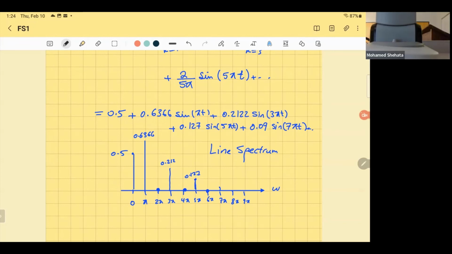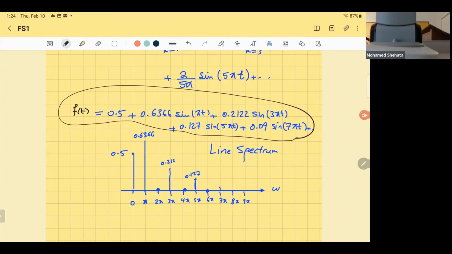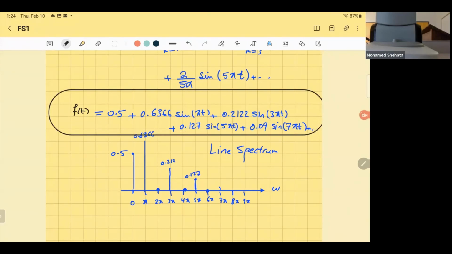So what's phi_1? Here you have f of t, given. This is the fundamental. 0.6366, that's the amplitude. That's it. But I want the phase shift.